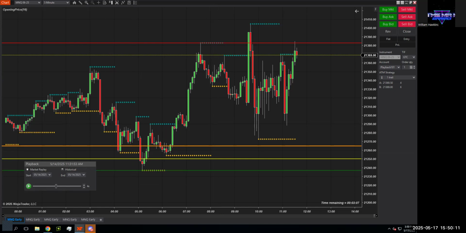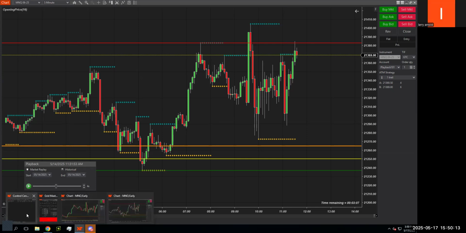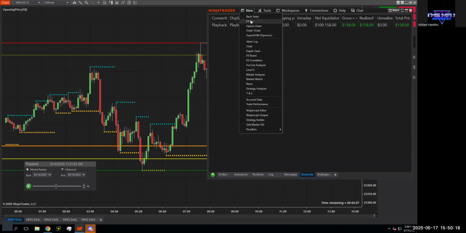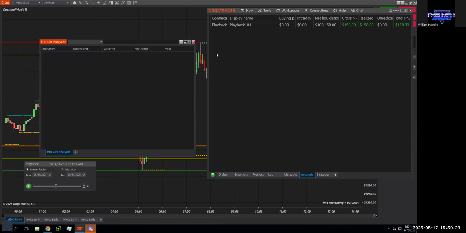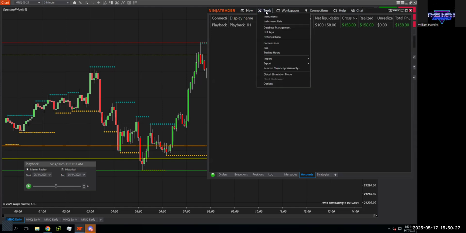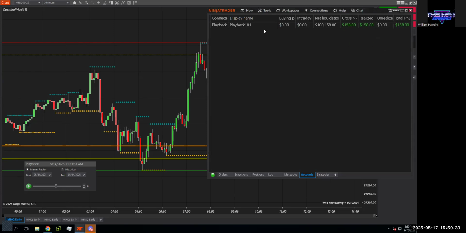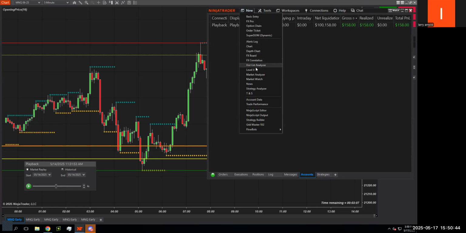To do that, I can pull it up for you. You go to new, and I think it literally says hotkeys, in tools.